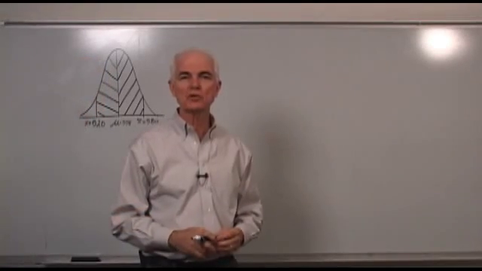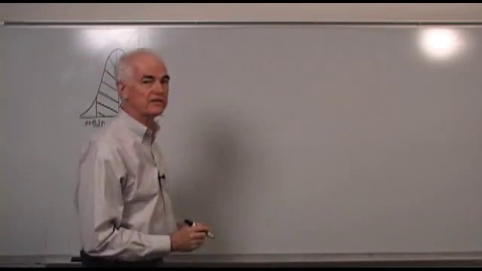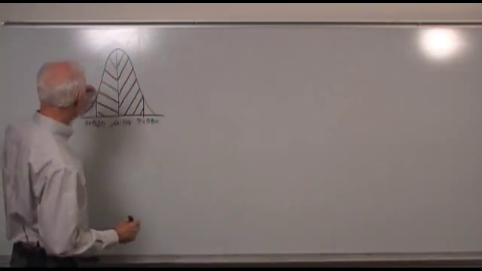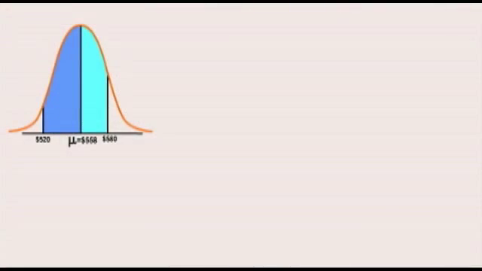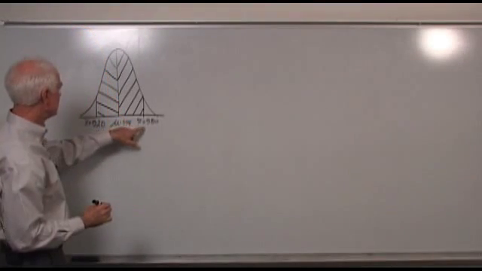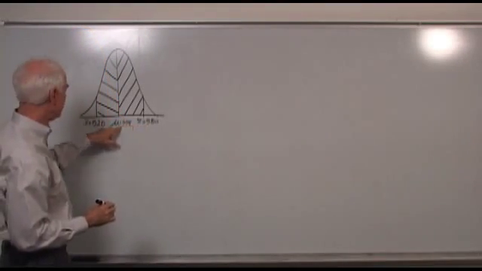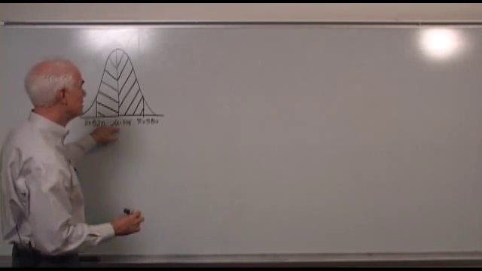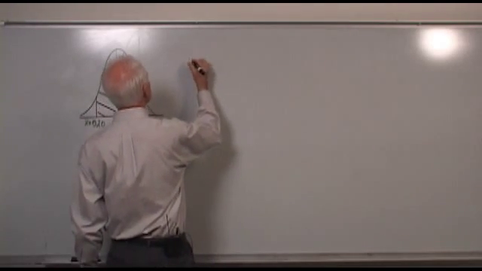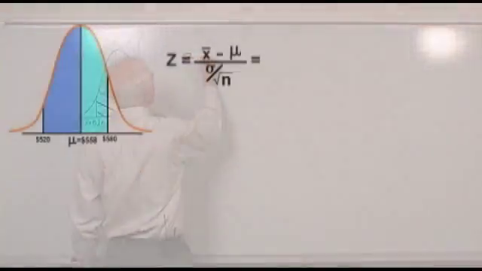Because of the way our normal curve table is set up, we're going to have to solve this as two different problems: the area between 520 and the population mean of 558, and the area between 580 and the population mean of 558. So we have to work out two different z-values.